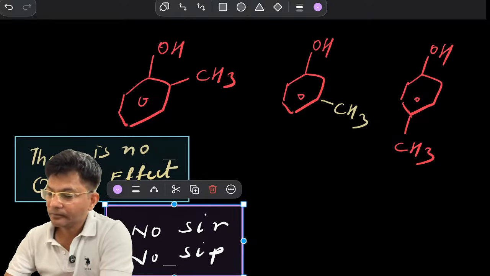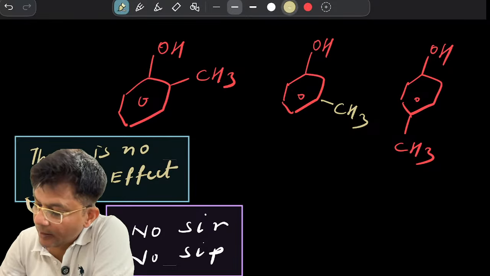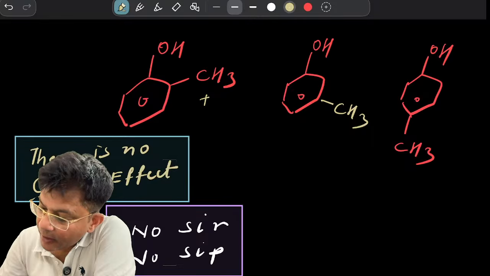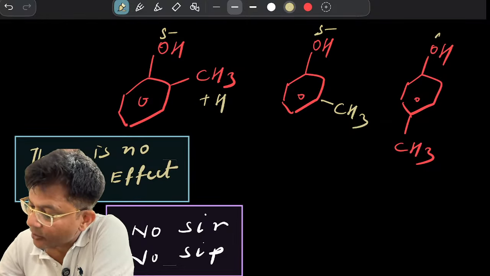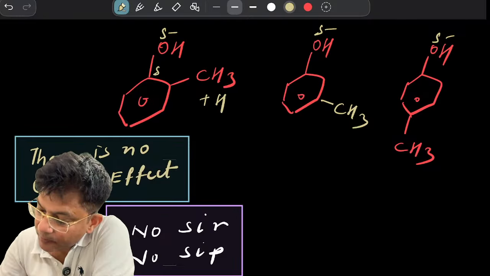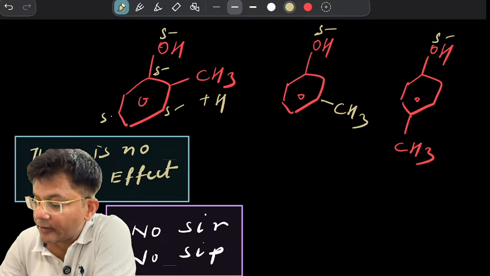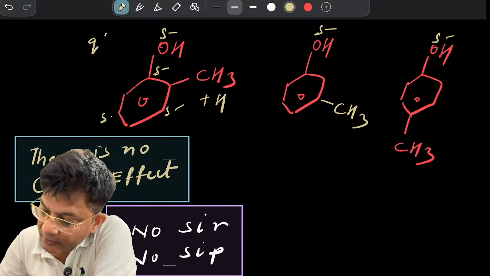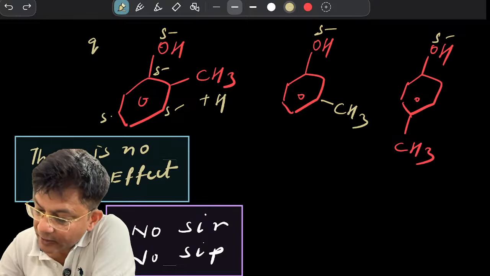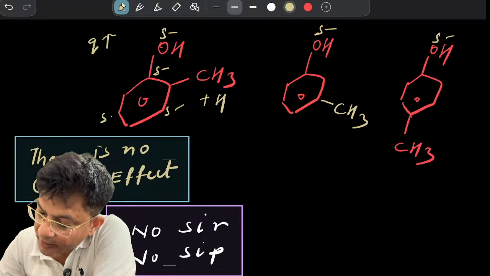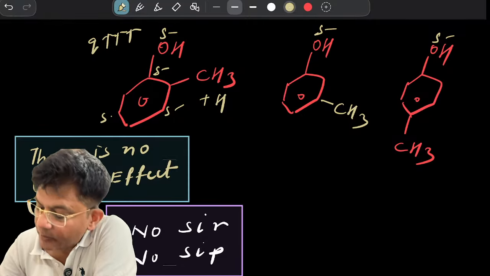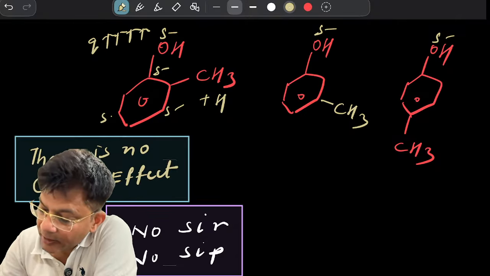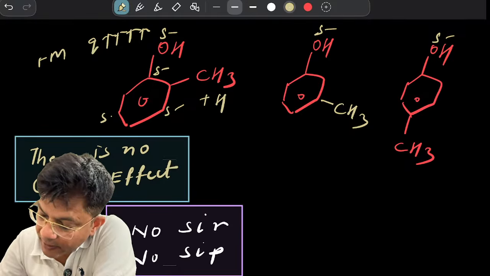Now see. It is applying plus M, and remember that in phenol the negative charge is on the head of this oxygen, and due to plus M it will push negative charge at ortho and para, and this charge will get destabilized, meaning it will increase. Charge will increase due to plus M, and charge will increase due to plus I as well. Am I right?